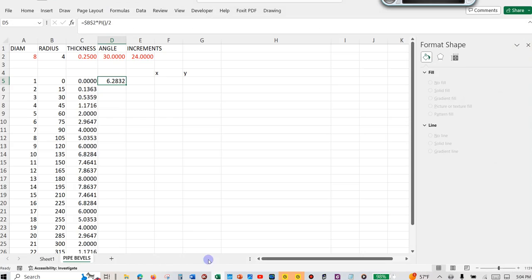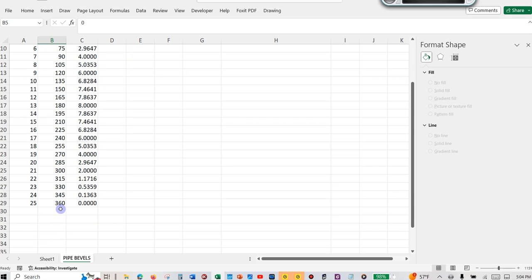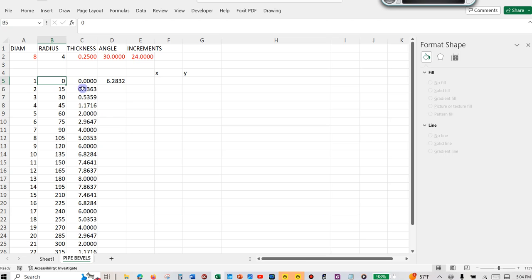And then we're going to go to this. So 8 is the diameter, there's the radius, and then equals, so this is the degrees, right? All the way to 360. And then we need to get the same thing. You can do 0 degrees.